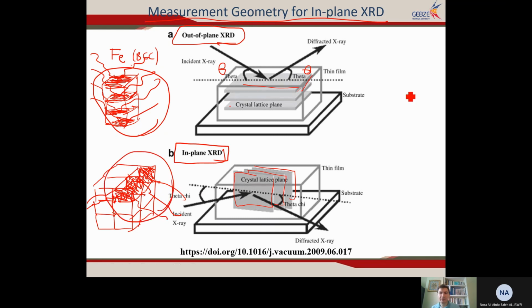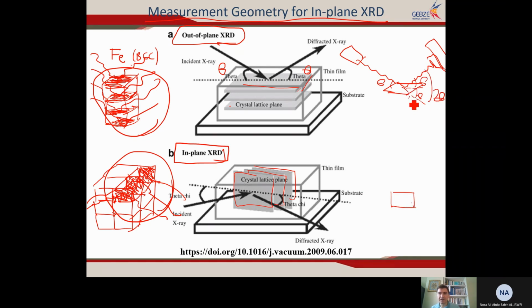these crystal planes. In the case of out-of-plane XRD, you send X-rays with a certain incident angle to the sample surface, and they go to the detector. This is the X-ray source, this is theta, this is theta, this is 2 theta.